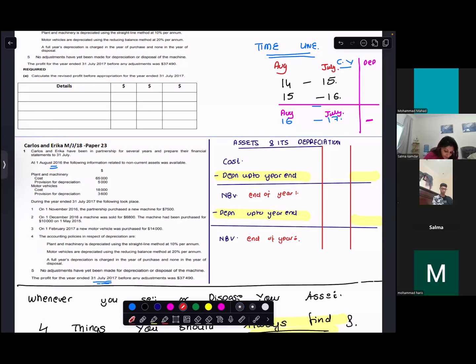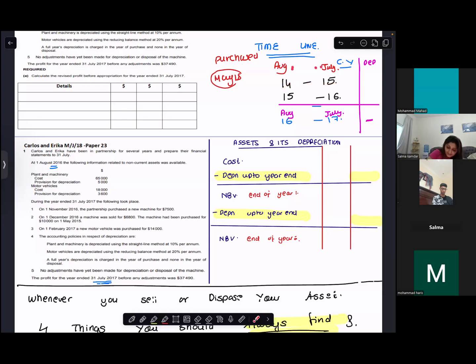The asset that was sold on 1st December 2016 had been purchased on 1st May 2015. Tell me, where does May fall? May, June, July, right? That means the asset was purchased here, in August to July.